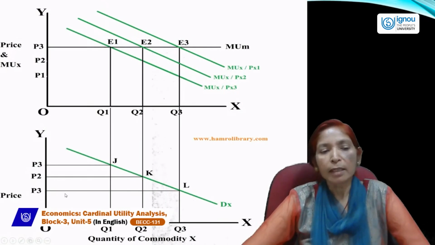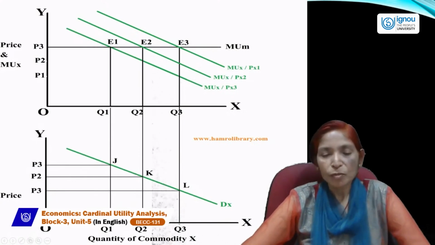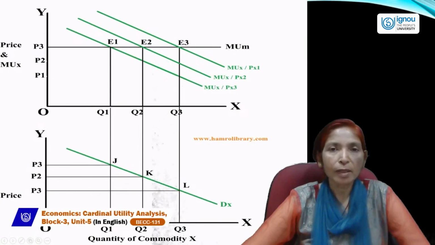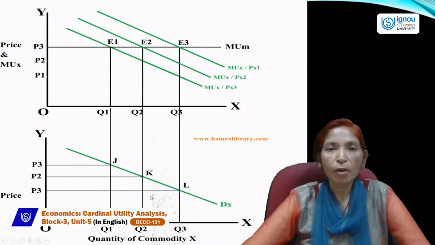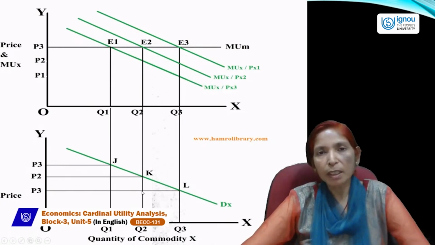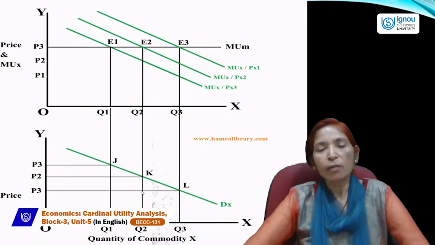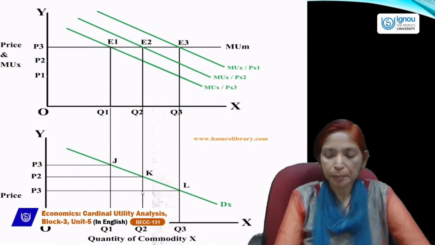At higher price, demand will be lower. At lower price, demand will be higher. So the demand curve generally slopes downward, and we can derive this demand curve with the help of the law of diminishing marginal utility and the law of equi-marginal utility.